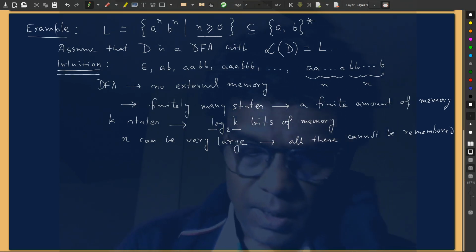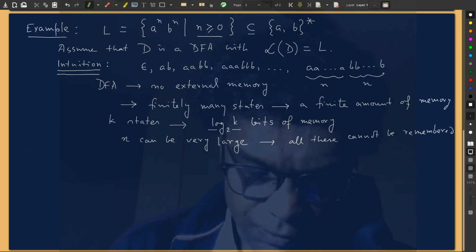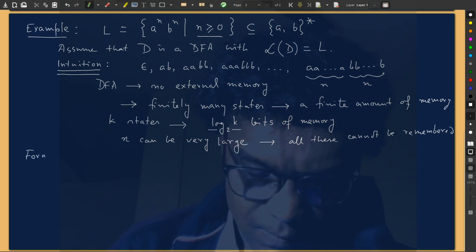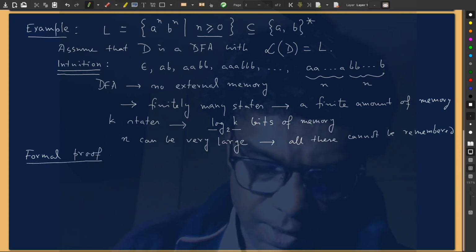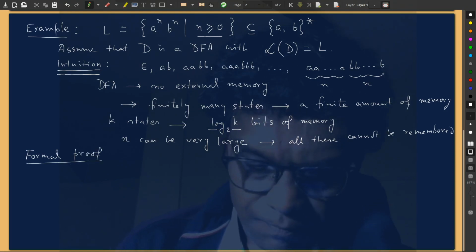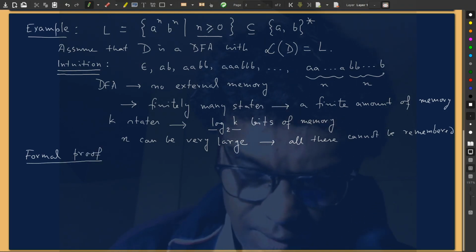So what is a formal proof? This goes like this. Maybe I start with a slightly complicated version, then I will simplify it.